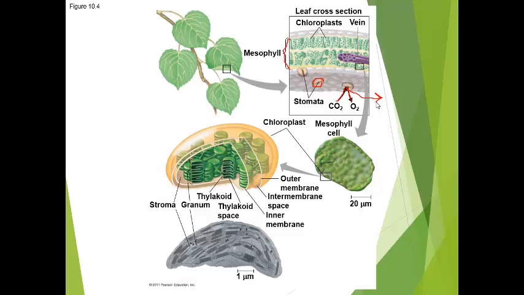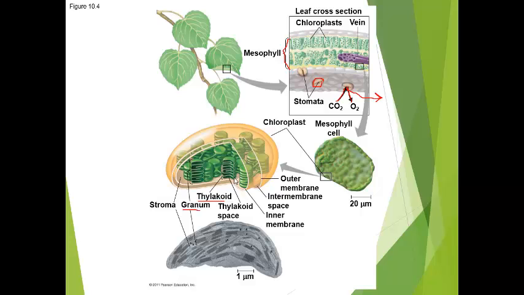If we look at one of these cells within the mesophyll, these photosynthetic cells contain chloroplasts. Here you see the structure of a chloroplast. It has a double membrane, and inside you see structures called grana. Each granum is a stack of thylakoids, and these thylakoids contain the photosynthetic pigment called chlorophyll.